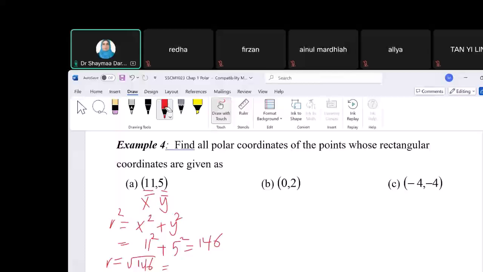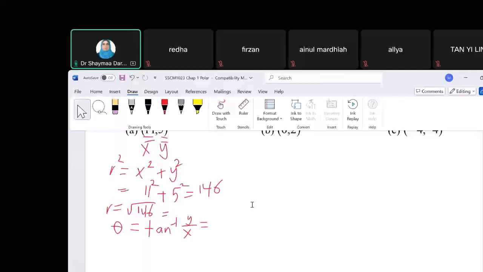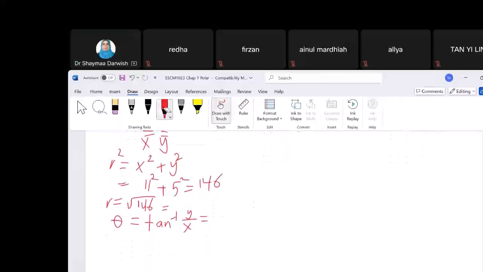Then we need to find theta now. Theta is tan inverse y over x, which means tan inverse of y, here 5, over 11.